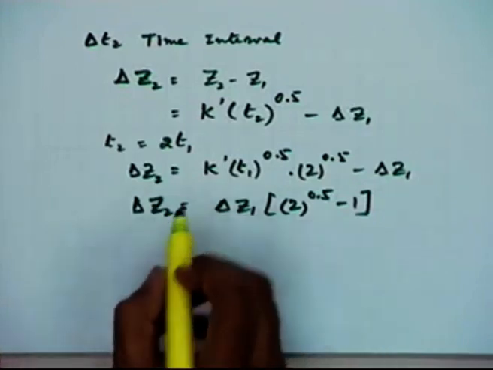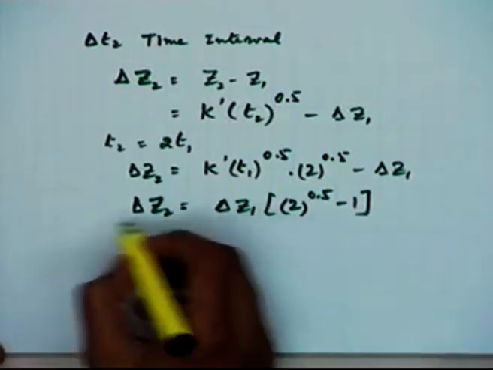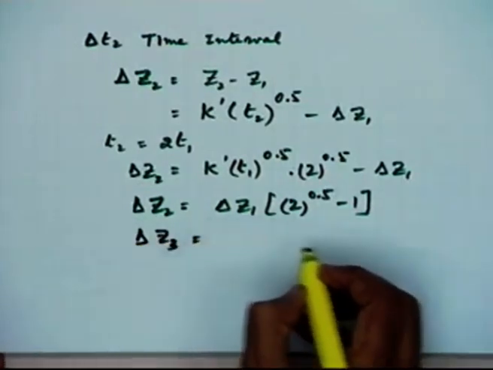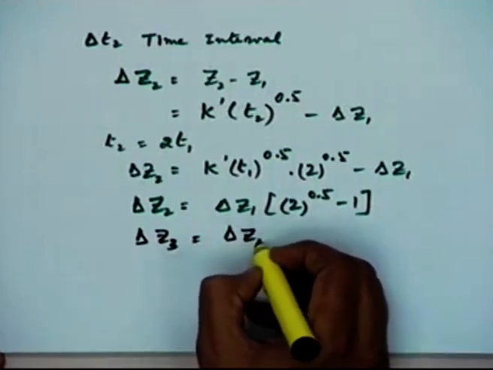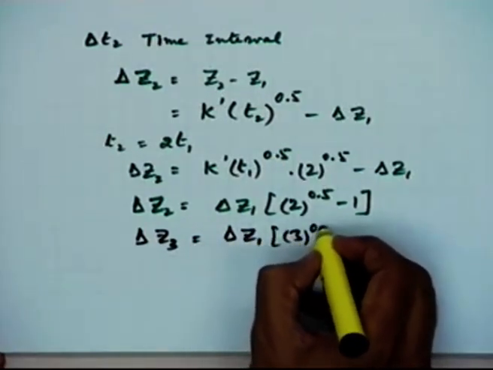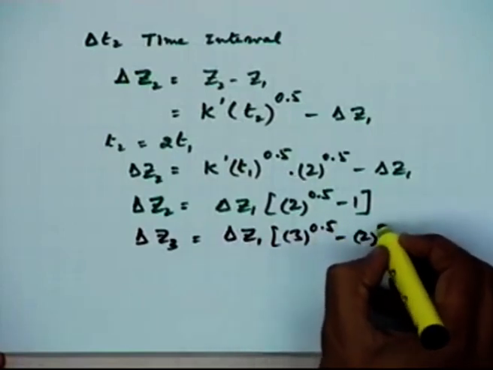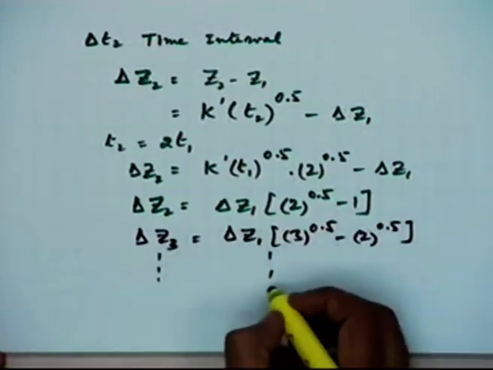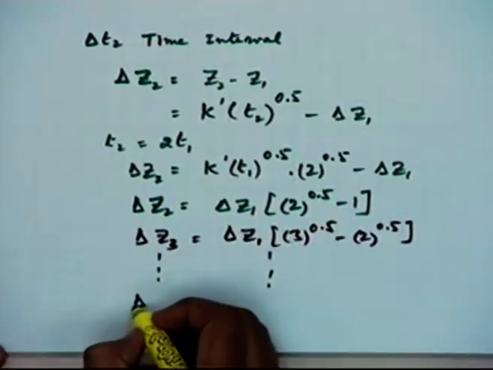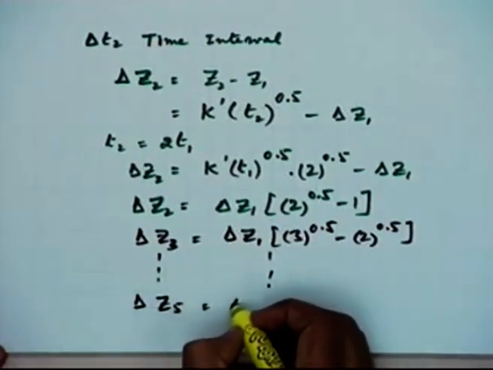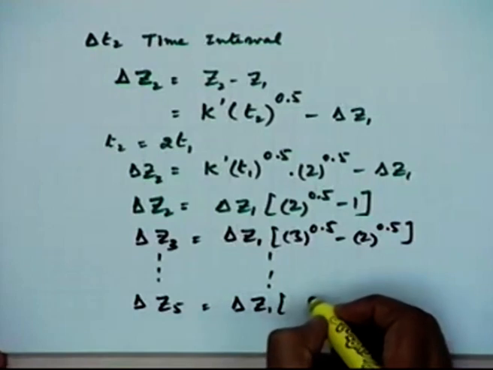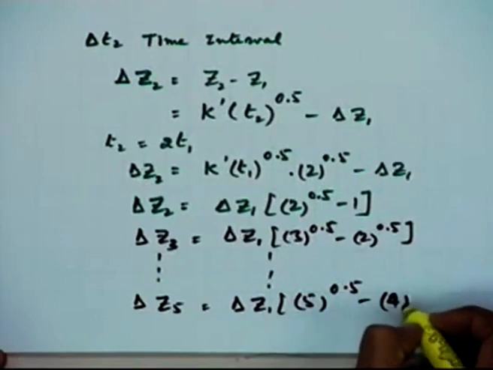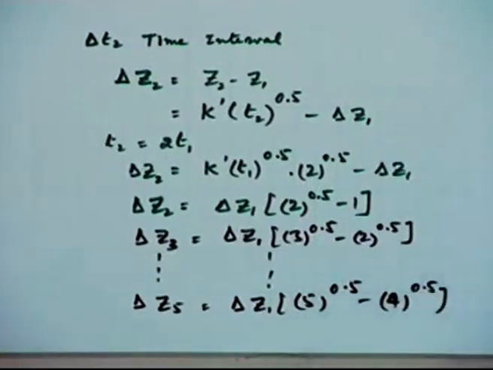Similarly, you can write the other forms also. Delta Z3 will be delta Z1 into 3 to the power 0.5 minus 2 to the power 0.5, and so on. Delta Z5 will be 5 to the power 0.5 minus 4 to the power 0.5.